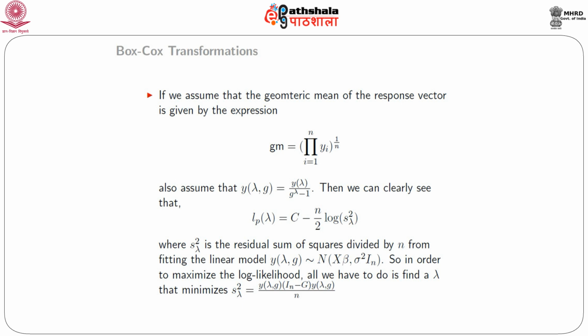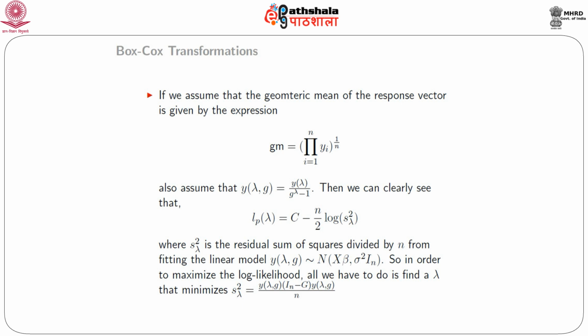can clearly see that the log likelihood function can be written as C minus n divided by 2 times log s square subscript lambda, where s square subscript lambda is the residual sum of squares divided by the sample size n from fitting the linear model y lambda g, which follows a normal distribution with mean x beta and variance sigma square I n.